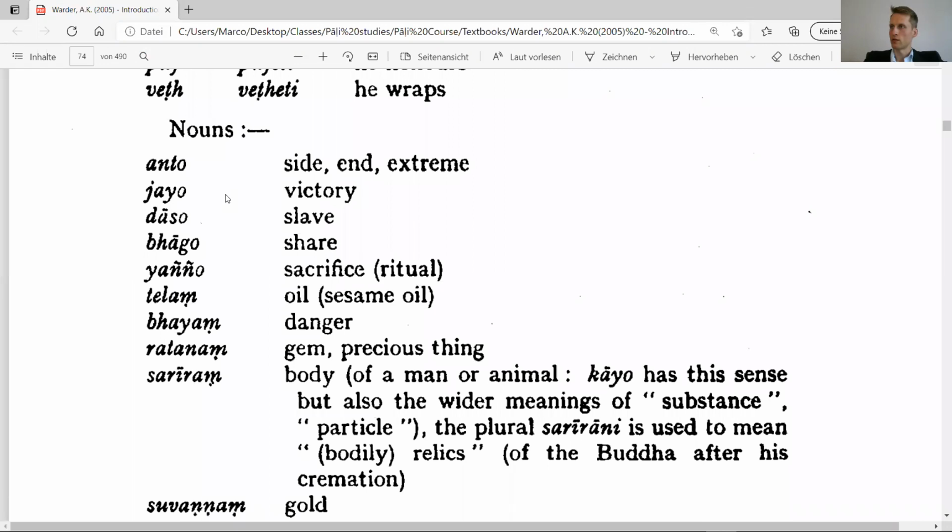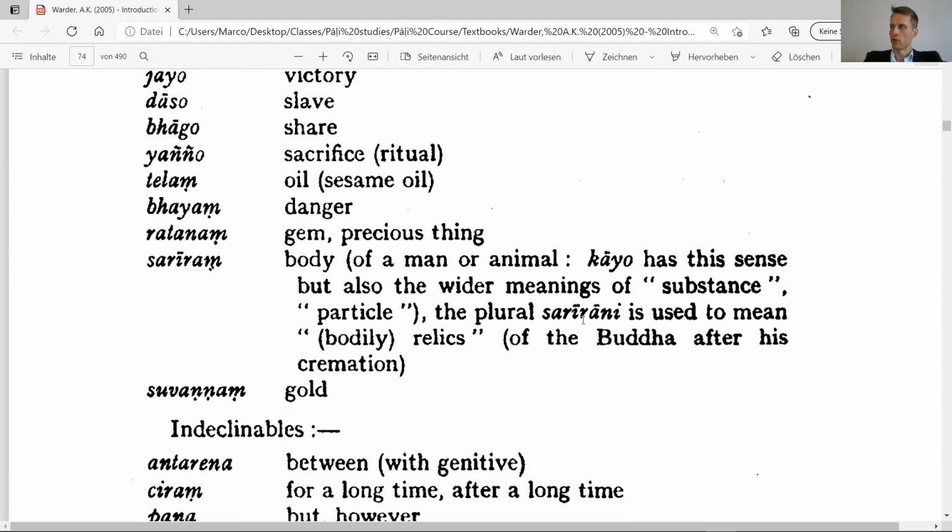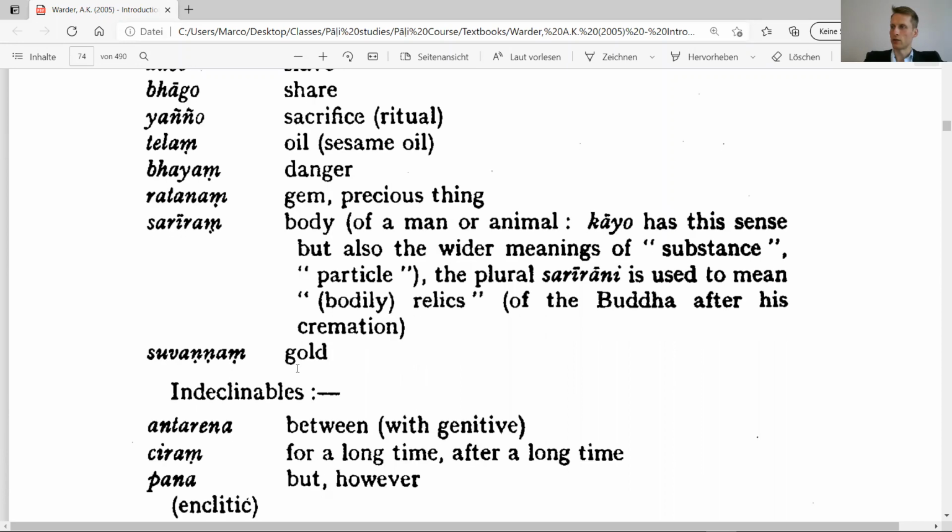Masculine nouns: anto, side and extreme; jayo, victory; dāso, slave; bhāgo, share; yañño, sacrifice or sacrifice ritual; telaṃ, oil or sesame oil; bhayaṃ, danger; ratanaṃ, gem, precious thing; sarīraṃ, body, or even in the plural, it can mean bodily relics; suvaṇṇaṃ, gold.